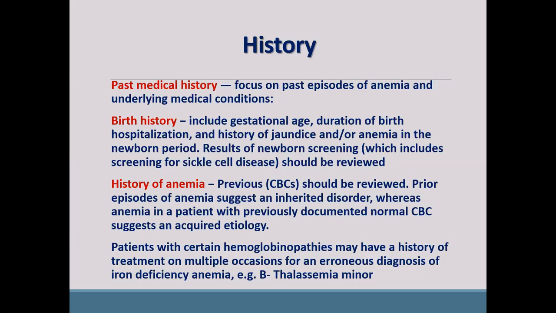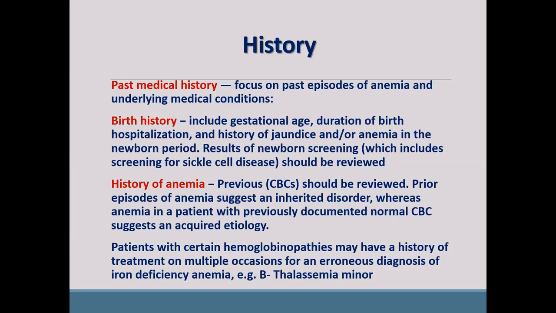Sometimes a prolonged birth might lead to more loss of blood from the baby during the birth process, hospitalization, and aspiration of frequent samples for investigation or for any cause of admission, history of jaundice and/or anemia in the neonatal period. Also, the result of newborn screening, which includes screening for sickle cell disease. All of these should be reviewed.